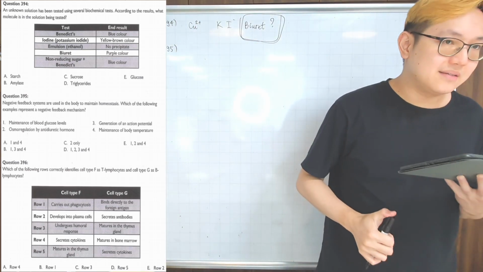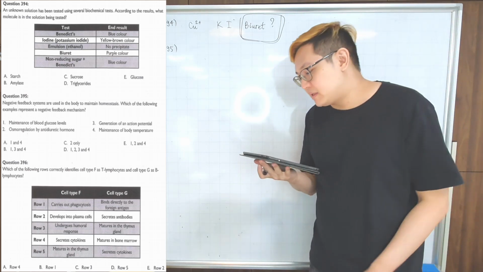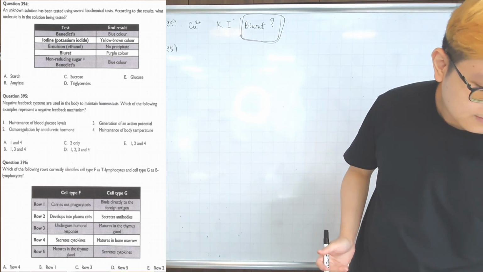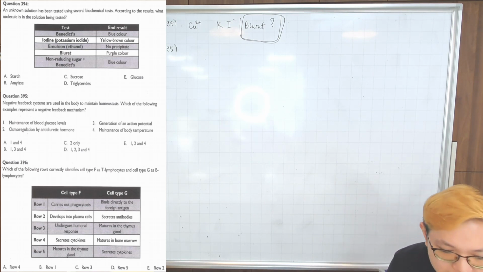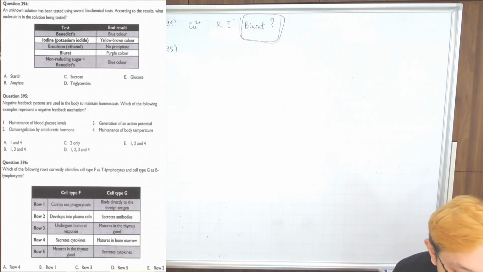Negative feedback systems are used in the body to maintain homeostasis. Những hệ thống hồi đáp phủ định, negative feedback, được sử dụng trong cơ thể để giữ vững môi trường bên trong cơ thể, to maintain the environment in the body, homeostasis.